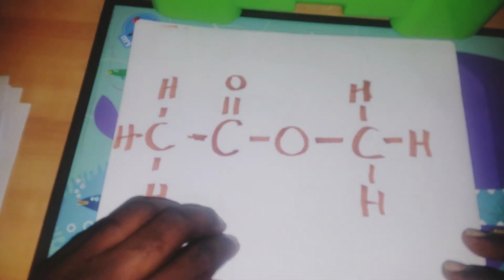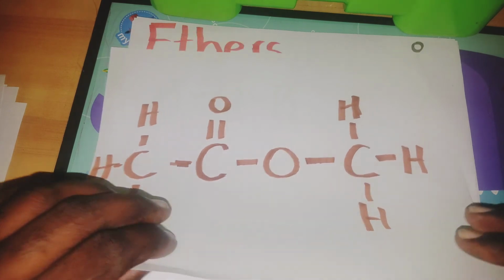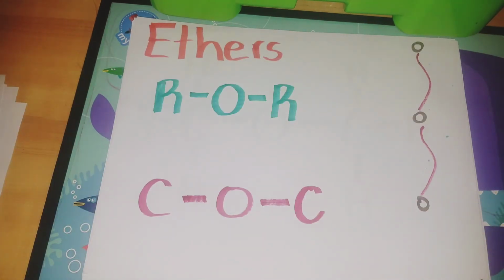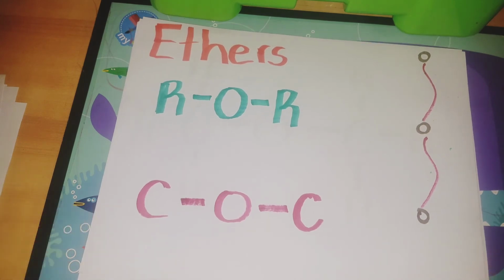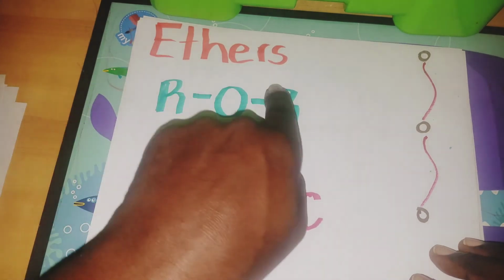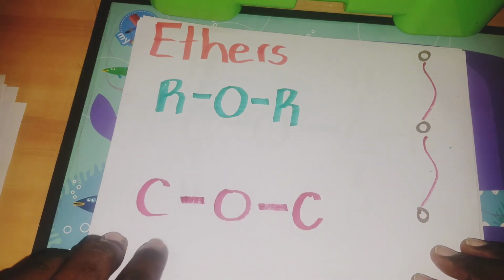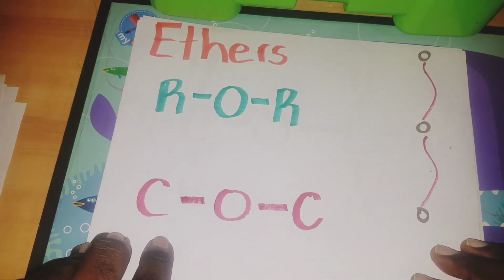Yes, so our next class of compounds are the ethers. And there you go, I just messed it up. I was just going to say, don't confuse the ethers and the esters. So we have the ethers here, not esters, as I said previously. So your ethers.